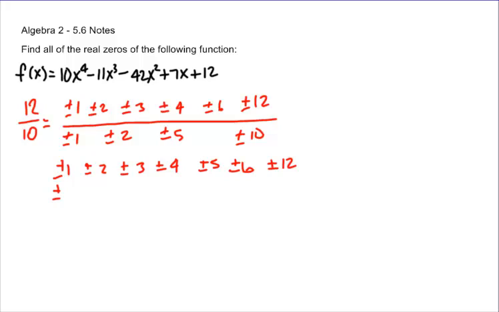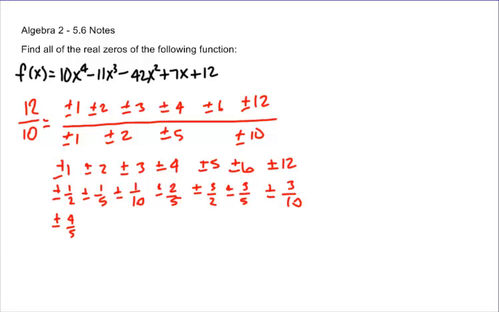And then you could get plus or minus a half, plus or minus a fifth, plus or minus a tenth, plus or minus 2/5, plus or minus 3/2, plus or minus 3/5, plus or minus 3/10, plus or minus 4/5, plus or minus 6/5, and plus or minus 12/5. 2/5 we've already got.